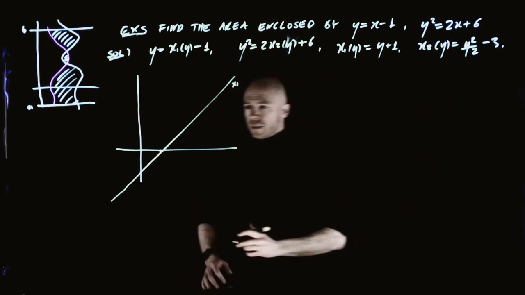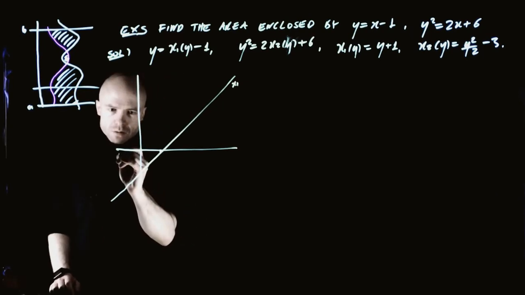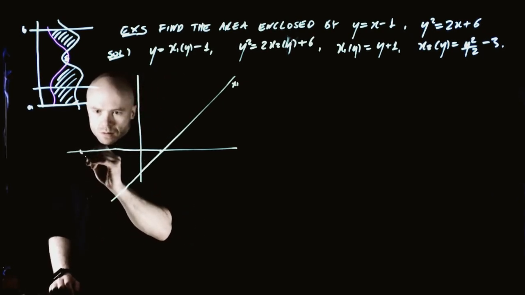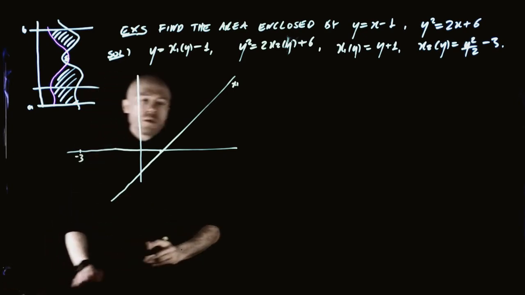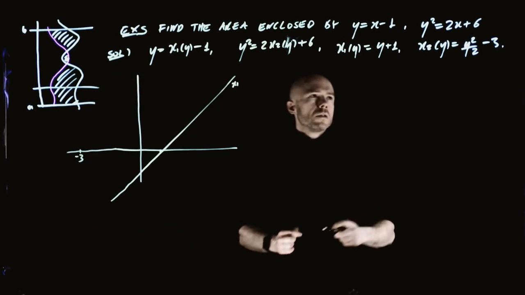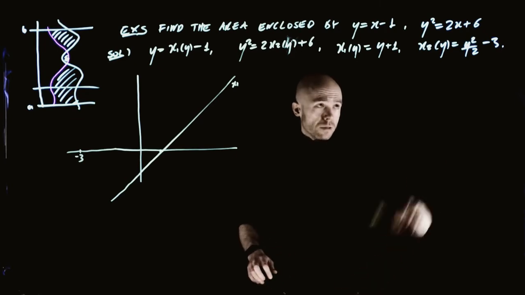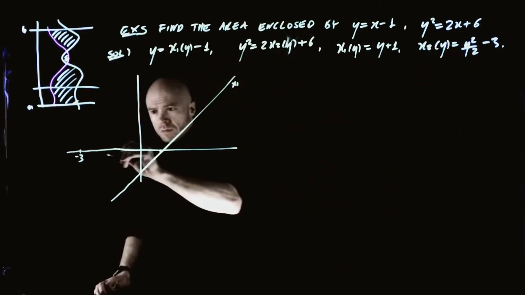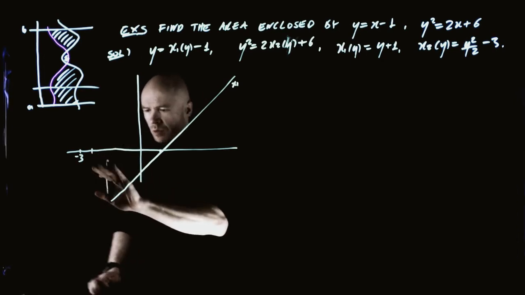This guy is like this. What does it look like? This is just a quadratic curving like this, right? So maybe this is too far away. Let's put the minus 3 like this.